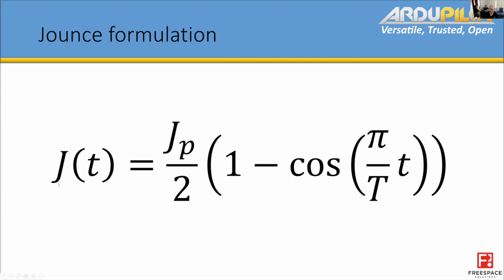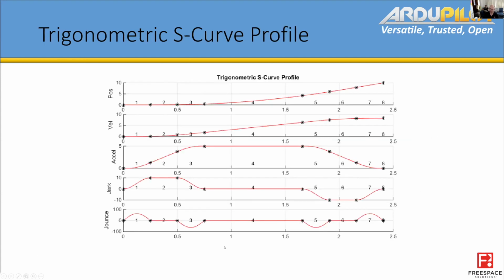So this is what all of these results are based on. And this becomes our response now. You can see that the jerk now isn't a square, isn't a rectangular thing. It actually looks like the velocity profile we saw earlier.